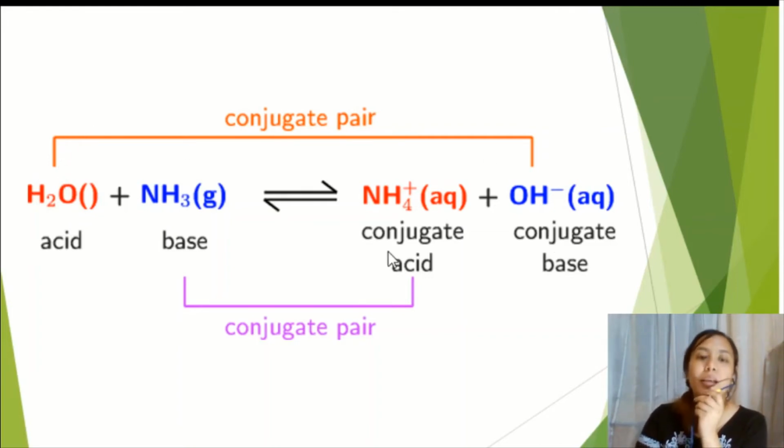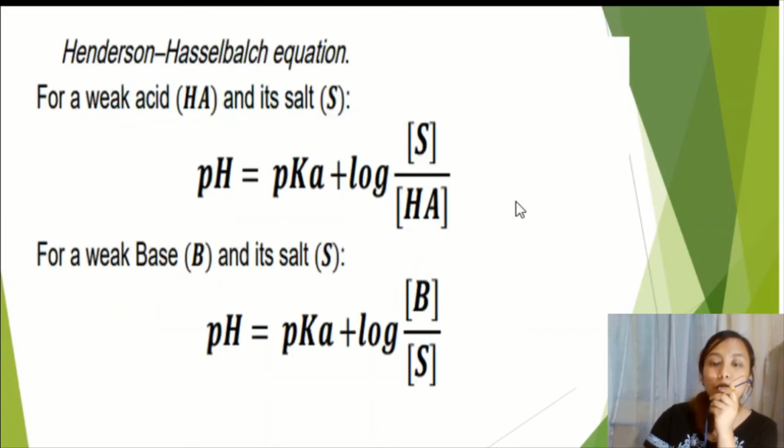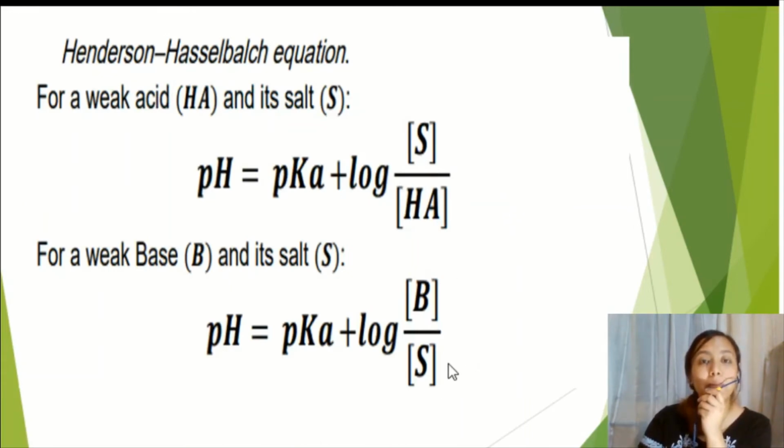Here, if I am the base, I am going to accept the hydrogen given to me by the acid, and now I will become a conjugate acid, and this is the other salt. So these two species that you are forming would be the salt form. Do not be confused if you don't see a salt in your problem. The one being asked is actually the conjugate acid or the conjugate base.